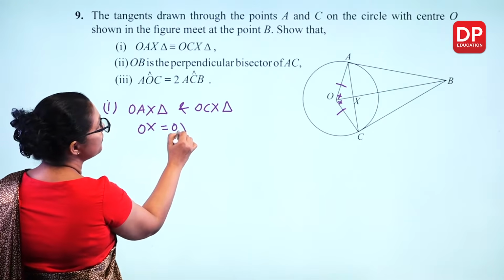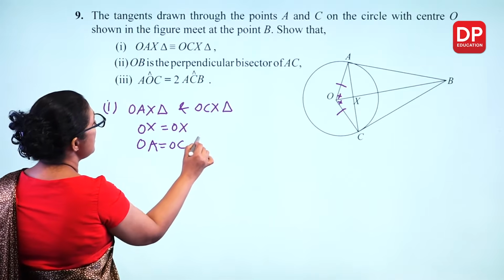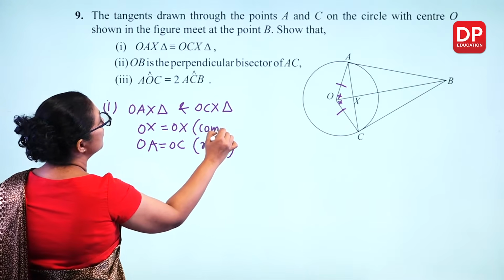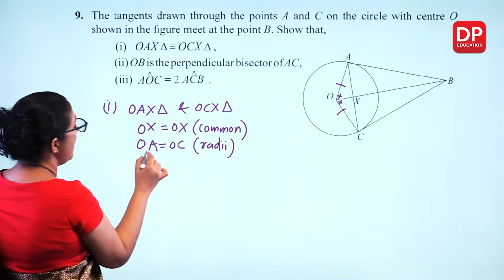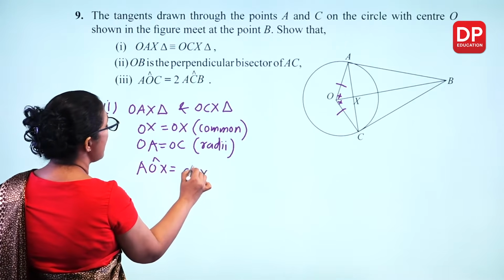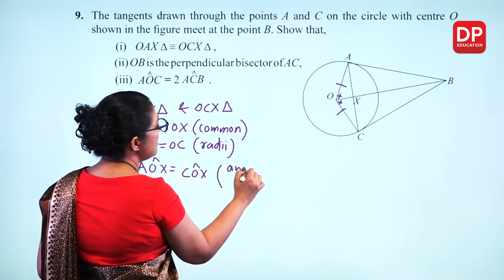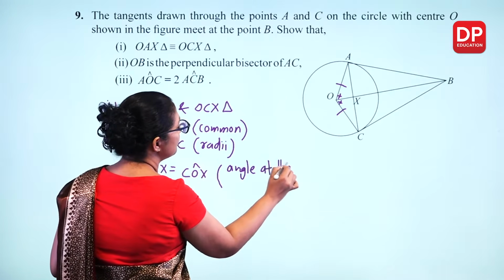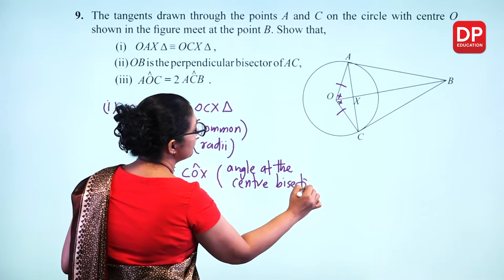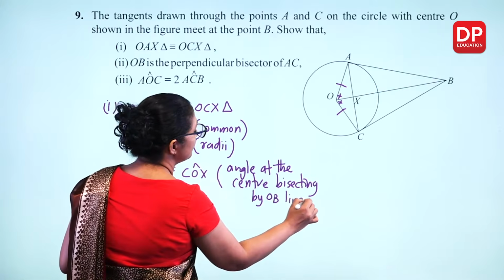OX is common. OA is equal to OC because of radii. And we can write angle AOX is equal to angle COX because of the theorem: the angle at the center is bisected by the OB line.